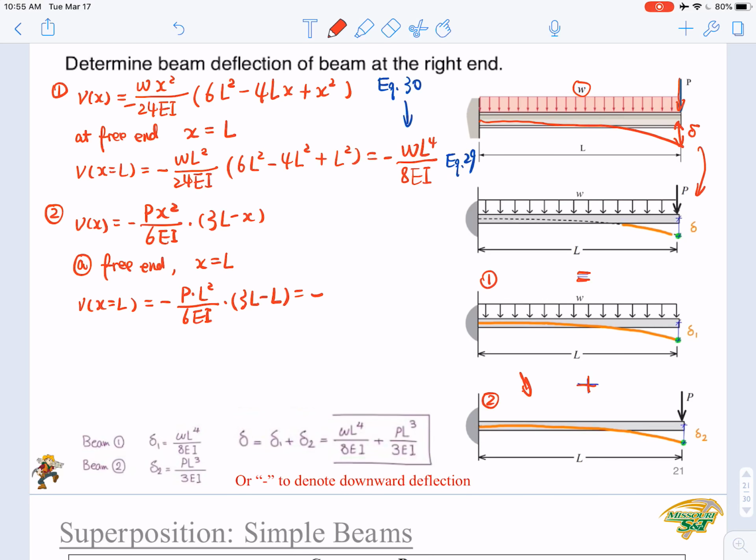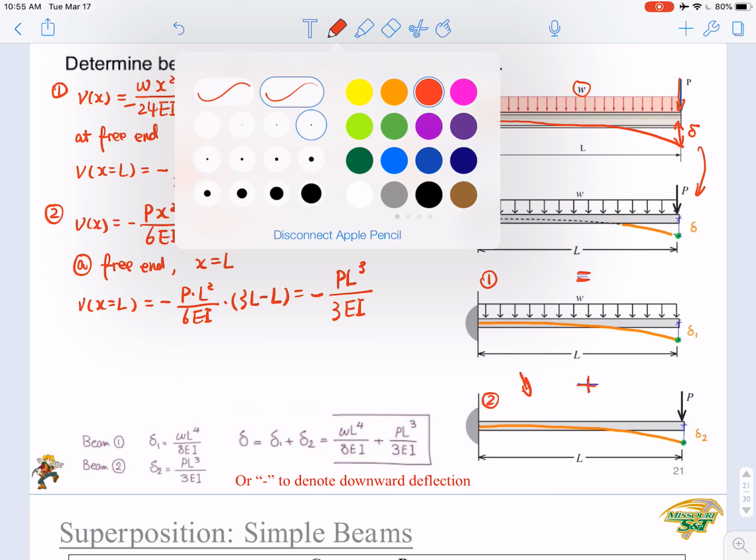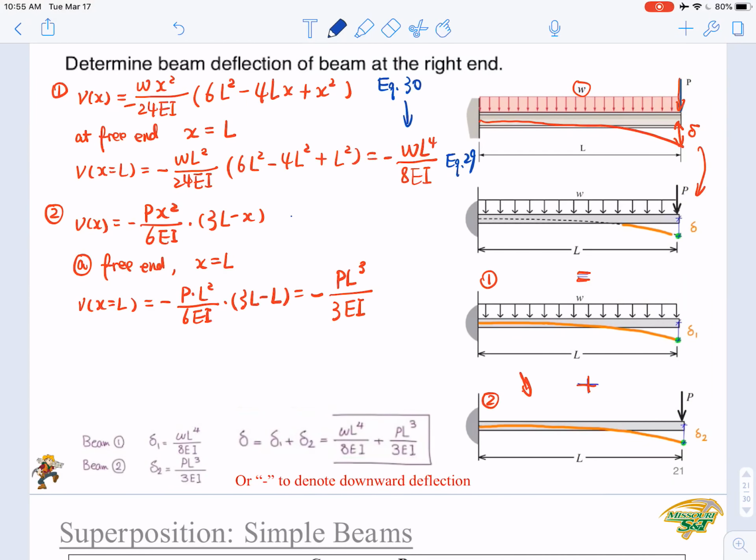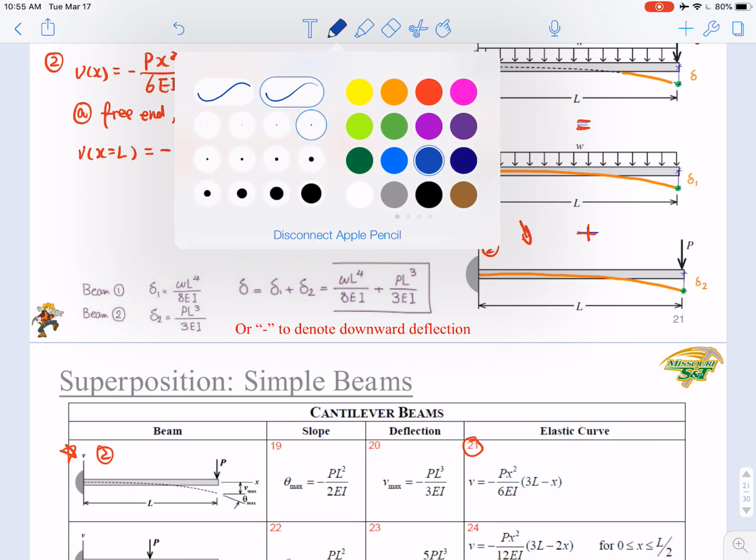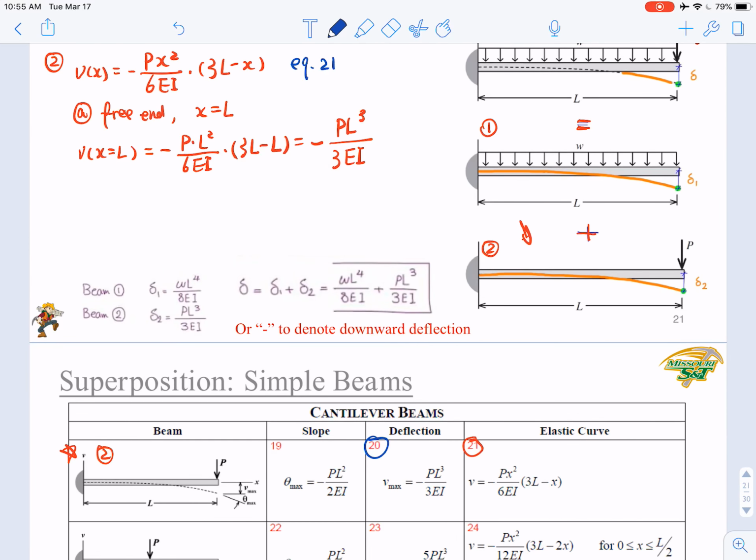So we get negative PL cubed over 3EI. Again, we started from equation 21, as shown here, and we derived equation 20. It's totally the same as equation 20.